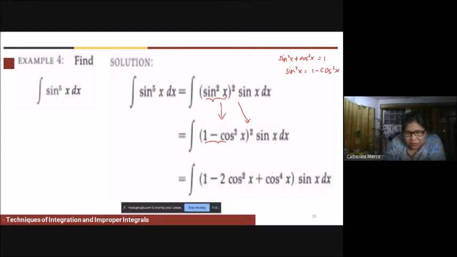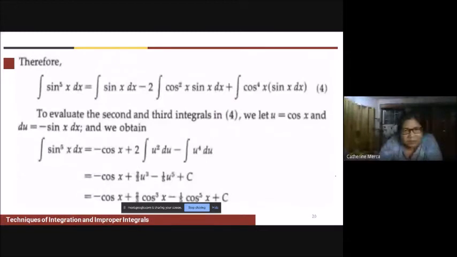I will not show that anymore, it is just the special product formula. The square of that is 1 minus 2 cosine squared x plus cosine to the fourth x, and if you are not satisfied, you can multiply it by itself. Times sine x dx.